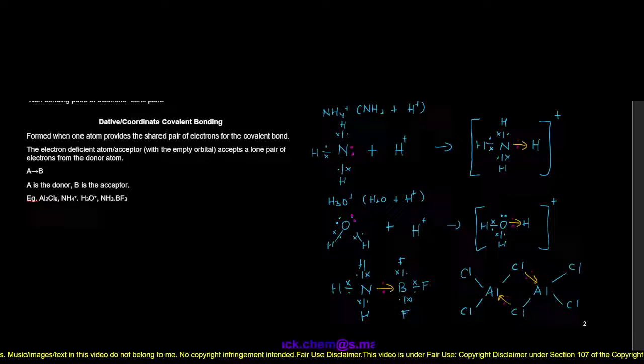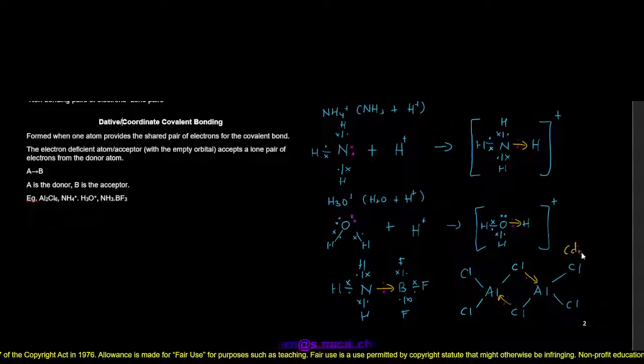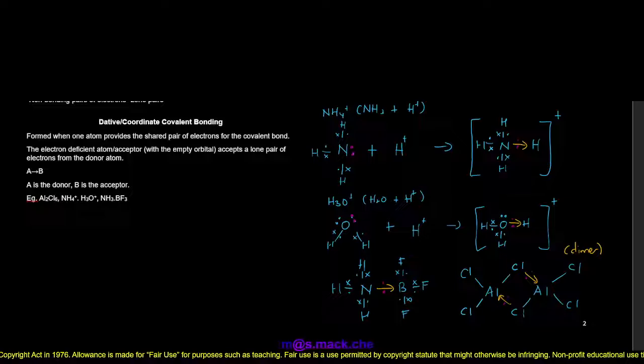I will keep my diagram very simple by just showing the movement of the lone pair from one chlorine atom to an aluminum atom, such that the molecule that we form is called a dimer. We'll look at this in more detail in a later topic.